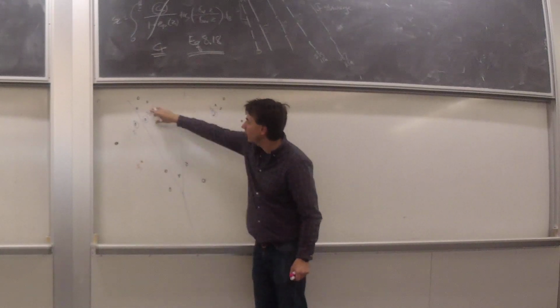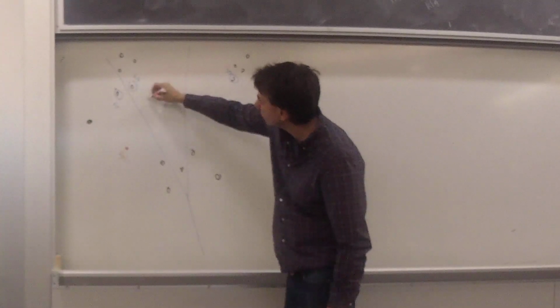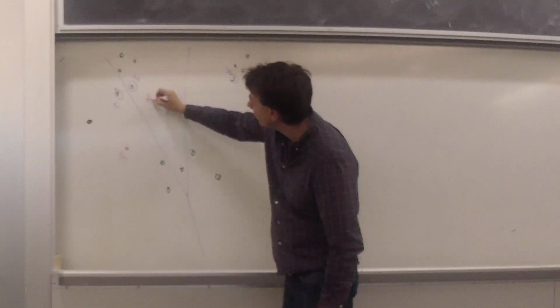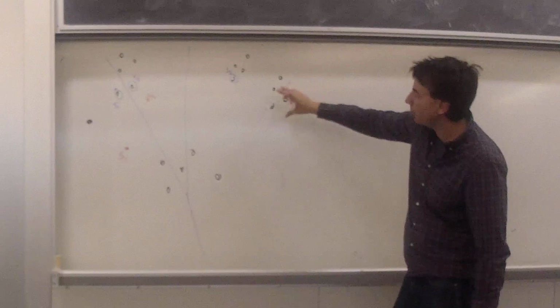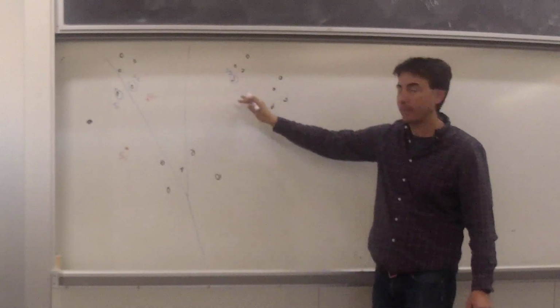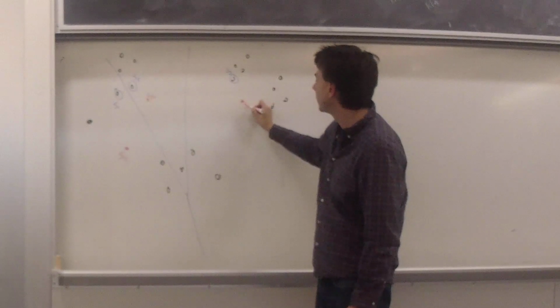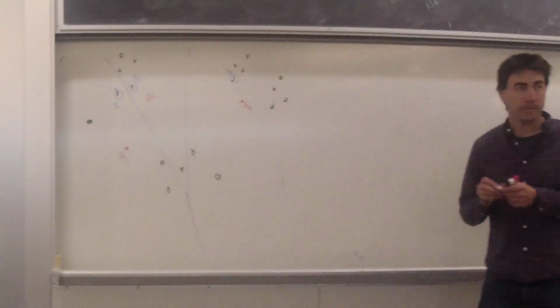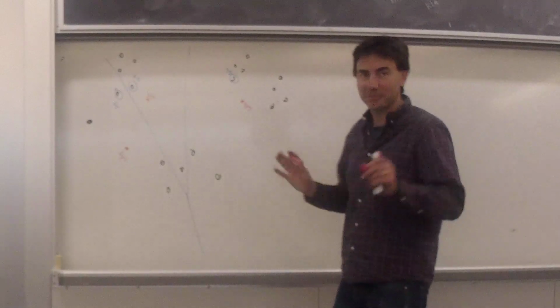These 5 points are going to be x2, and the average will probably be something like this. And these 10 points will be x3, and their average will probably be here.